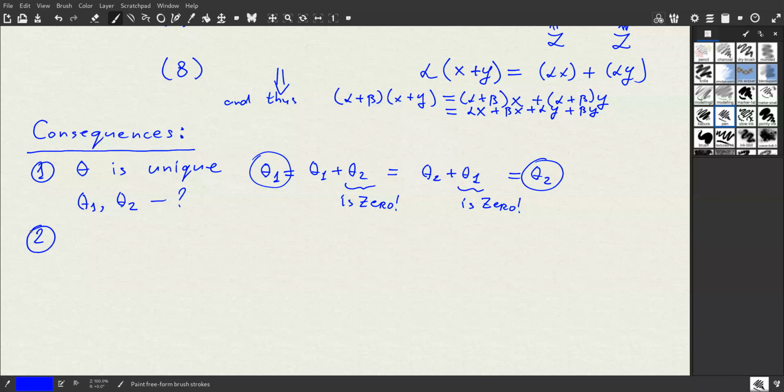Now, a more interesting thing, we said that there exists an element for any x which is called minus x, the negated vector. Minus x is also unique, for any x.